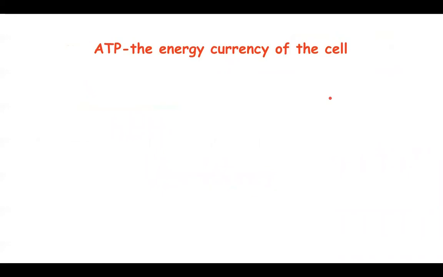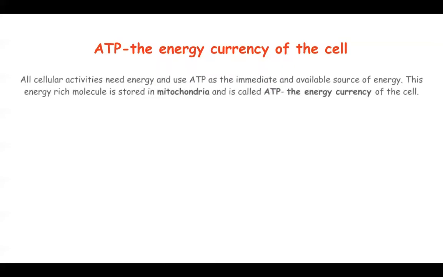Now, ATP is called the energy currency of a cell. What do we understand by this? The entire cellular activity requires energy, and cells use ATP as the immediate and available source of energy. They spend ATP. This ATP is stored in the mitochondria and used as and when needed.